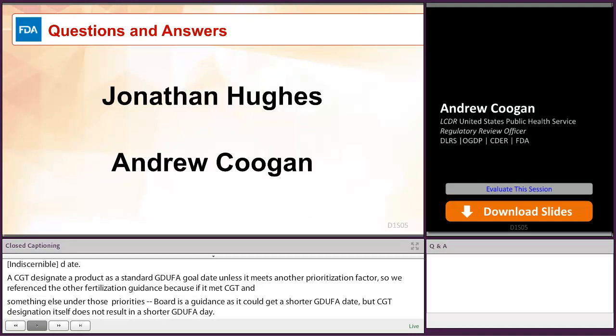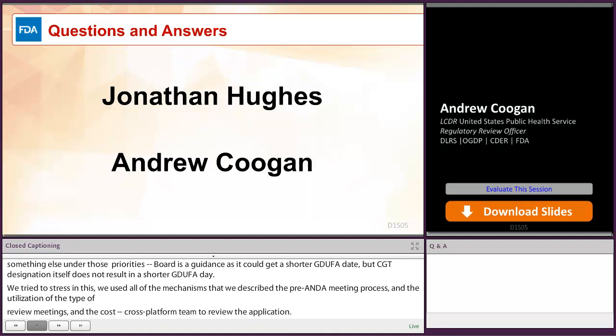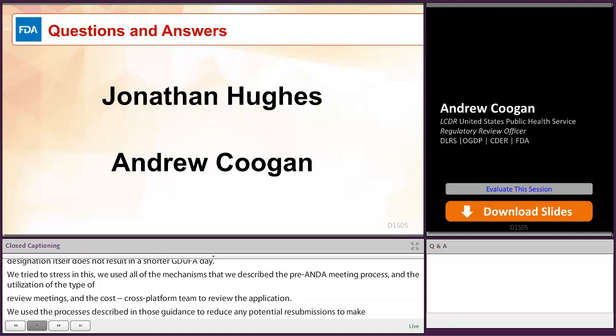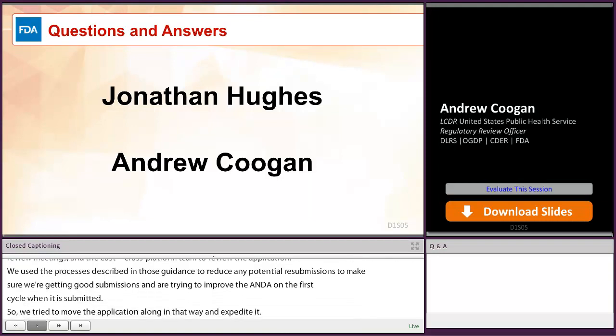So we want to use the processes that are described in that guidance to reduce any potential resubmissions and make sure we're getting good submissions and trying to approve the ANDA on the first cycle when it's submitted. So we tried to move the application along in that way and expedite it. If we're able to act on it earlier, we would strive to do so as a CGT, but it's not a shorter GDUFA goal date.